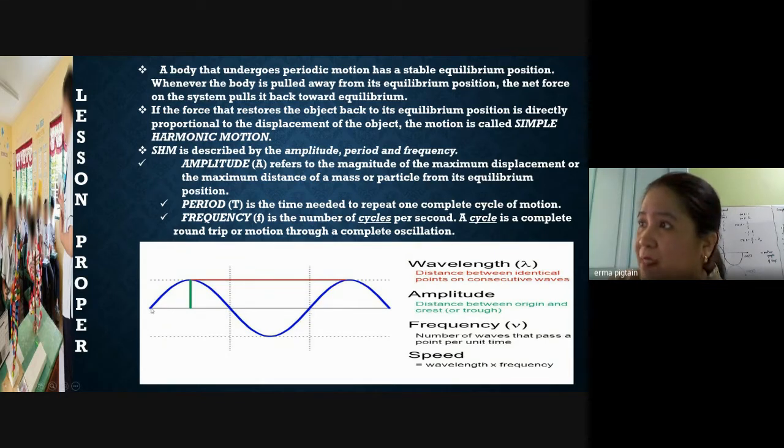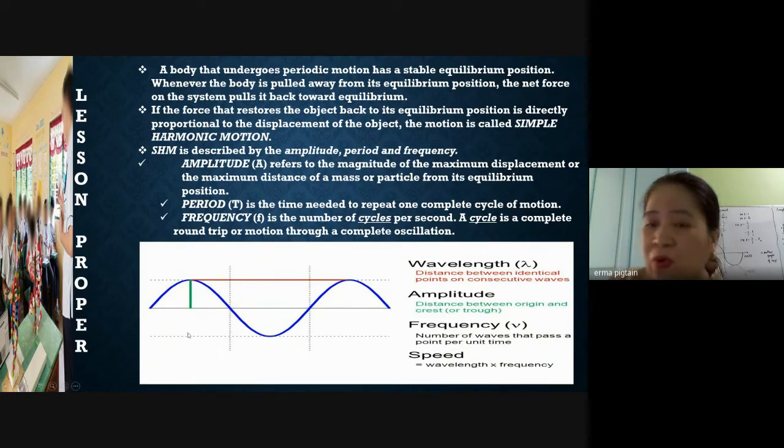Therefore, mula sa point na to, passing through this hanggang dito, yan yung tinatawag natin na one complete cycle. Diba? Kaya one complete cycle, parang makakabuo ka ng isang circle. Ganun ha? Therefore, ito example ko dito, ano to? 1.5 cycle to, kasi meron pa tayong half cycle dito.